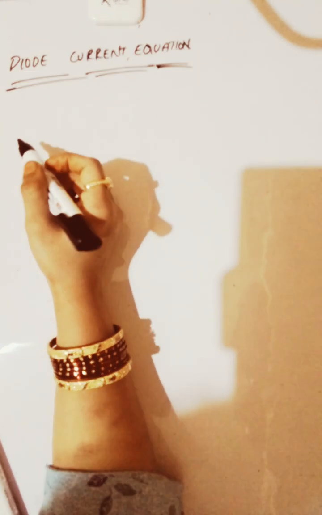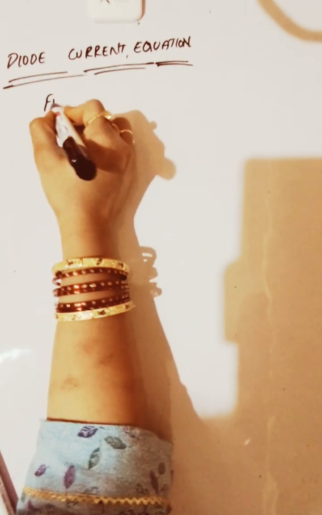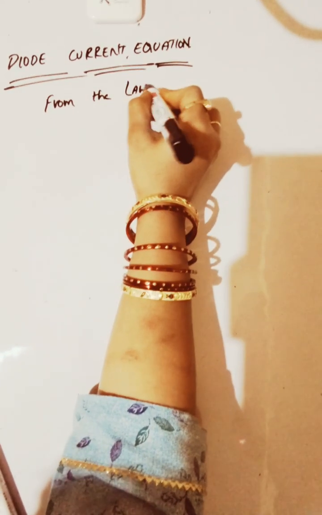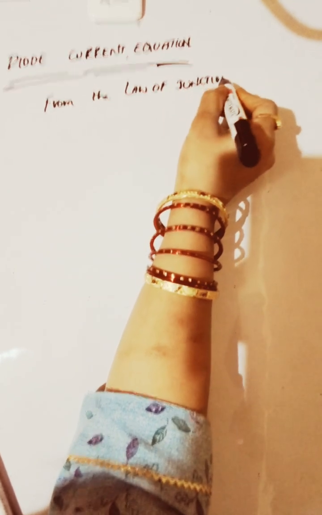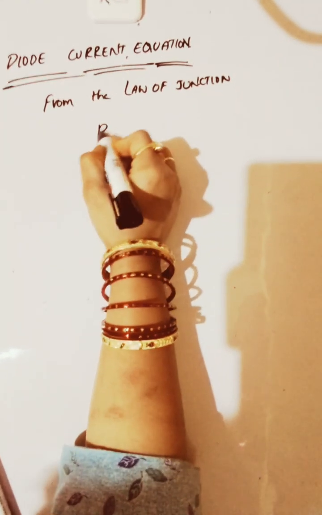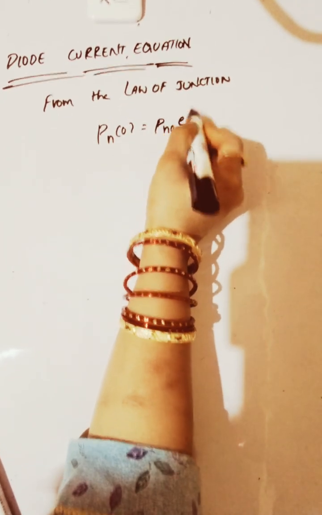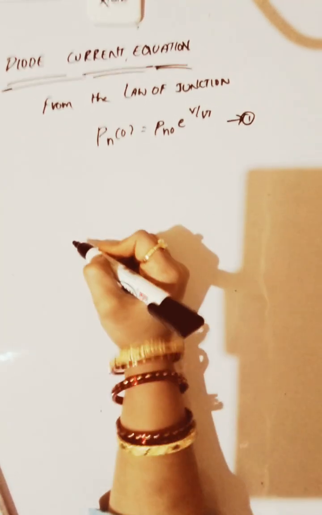Now about the diode current equation. From the law of the junction we have Pn(0) is equal to Pn0 e to the power of V by Vt. This is equation 1.